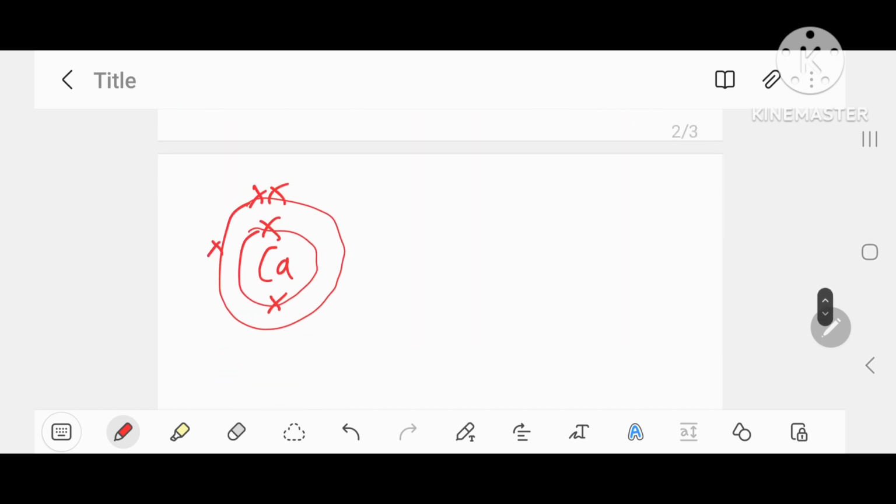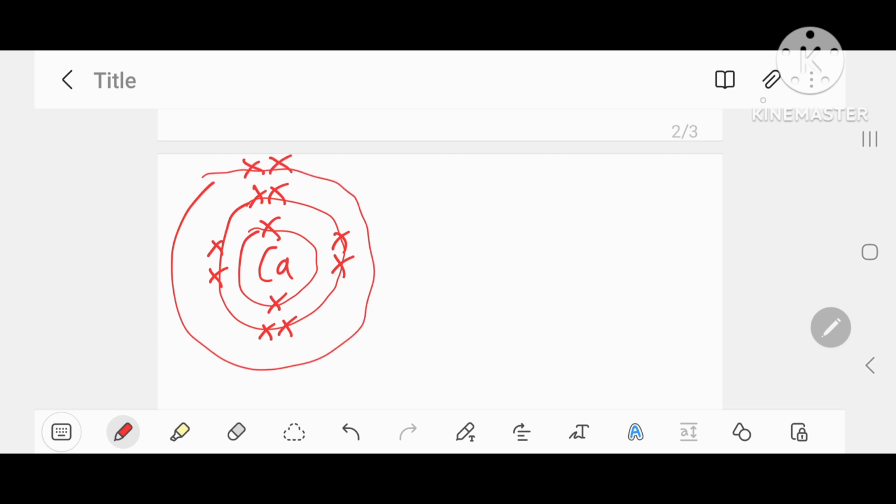Calcium looks like this. It's got 2 valence electrons. Actually, I'm not going to draw all of it. I'm just going to draw the outer electrons because it's too many electrons to draw. So let's pretend I've drawn everything else and I'm now drawing the outer shell. It's got 2 valence electrons.